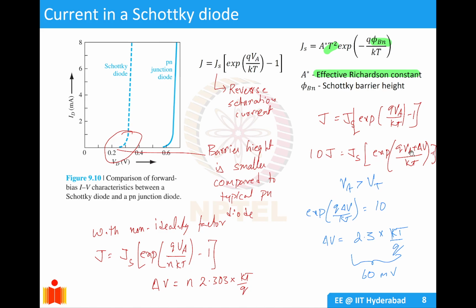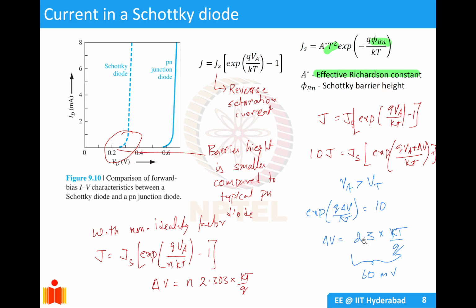When you subtract this from this and separate it out, it becomes exponential of Q delta V by KT equals 10. So if you solve this, delta V equals 2.303 KT by Q. If you solve this for 300 Kelvin, this comes out to be 60 millivolts.